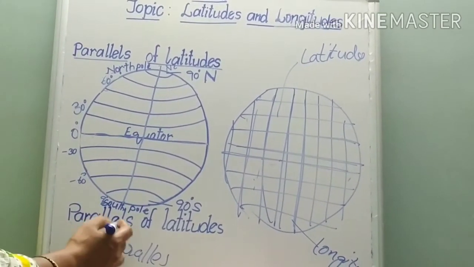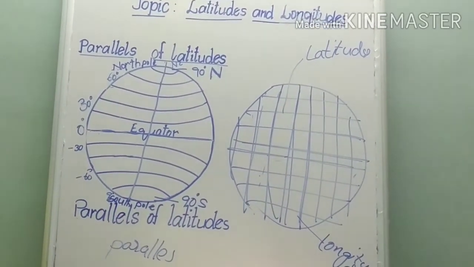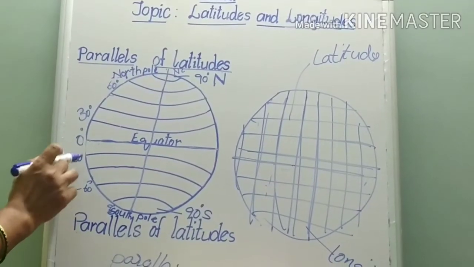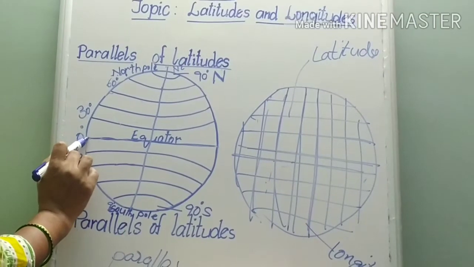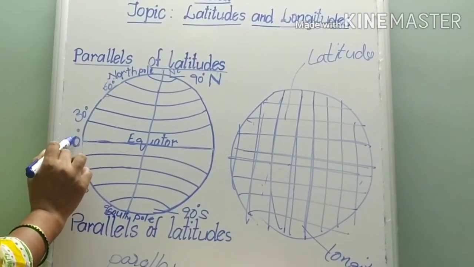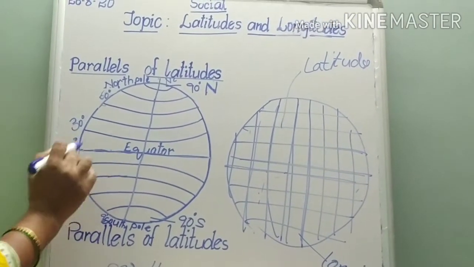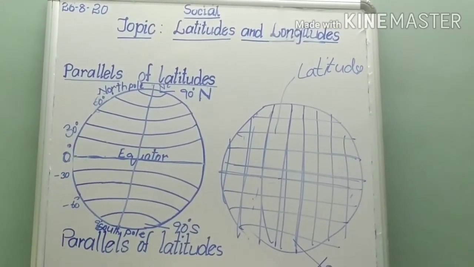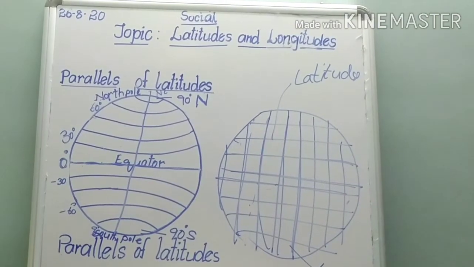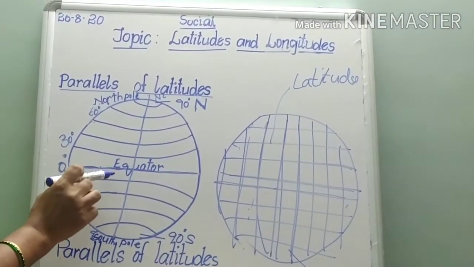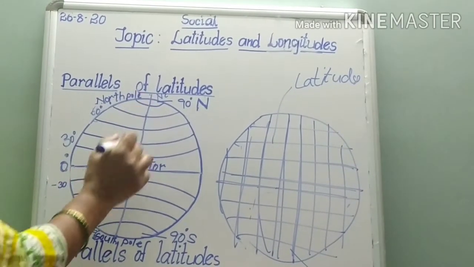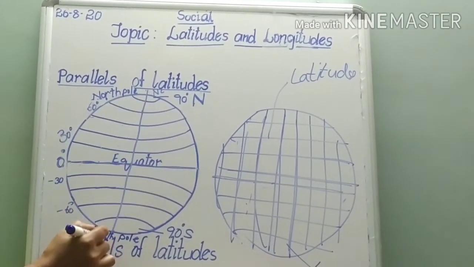So what are the parallels of latitudes? The equator is at 0 degrees. So this equator is also called 0 degree latitude.